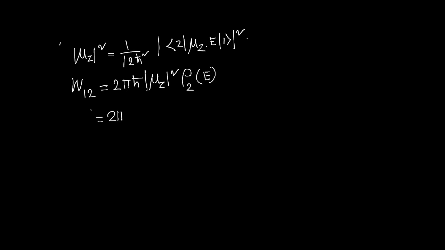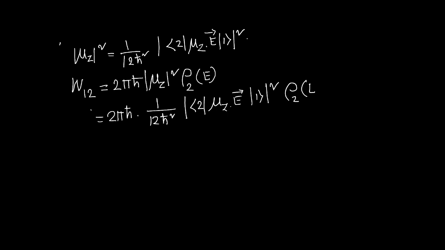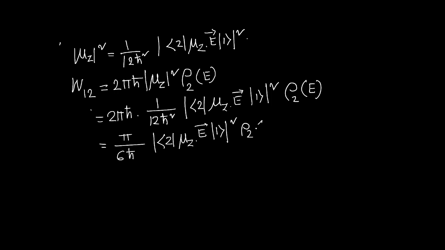So the expression would become pi by 6 h cut square, 2 mu z e1 to e.